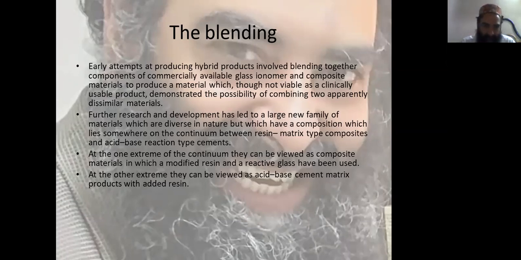At one extreme of the continuum, we can view these products as composite material in which a modified resin and a reactive glass have been used. And at the other end, they can be viewed as acid-base cement matrix products with added resin. One is closely matching the composite, and the other is closely matching the glass ionomer.